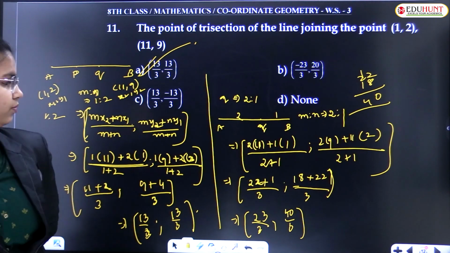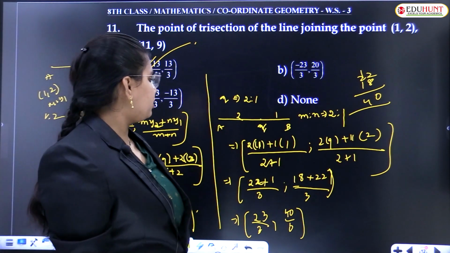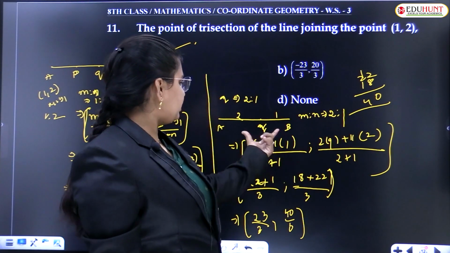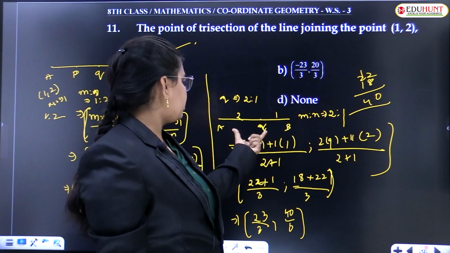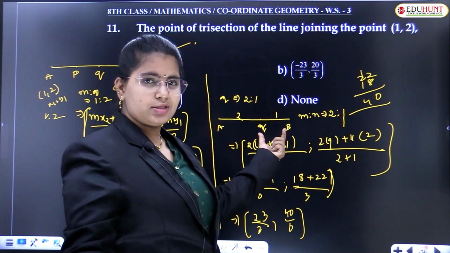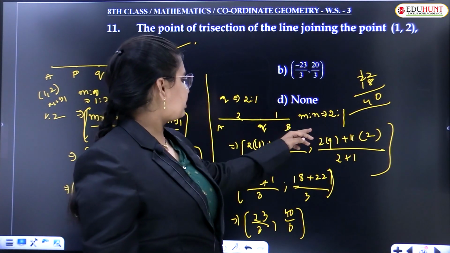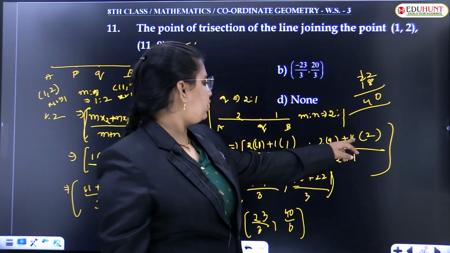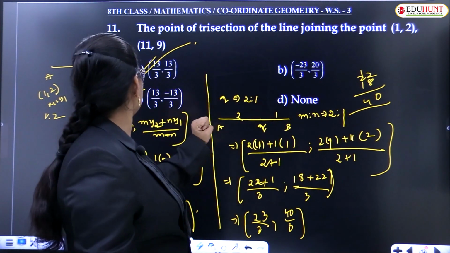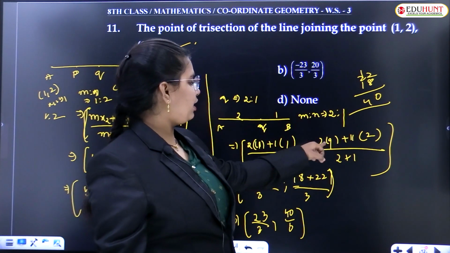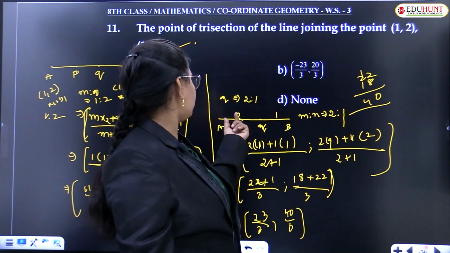Can you see here? Let's check once again my particular point Q, just to verify. So 2 into 11, this is fine, right? Next one, 2 and 1 is fine. What is y2 here? y2 is 9, and y1 is how much?